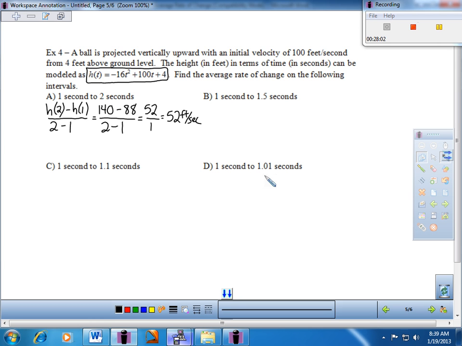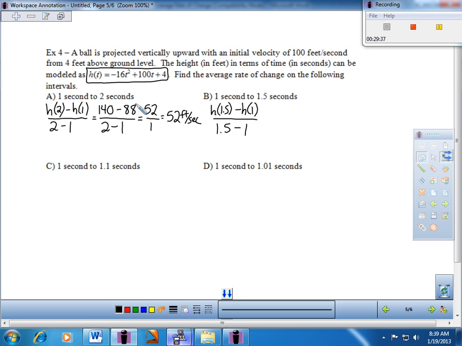Well, I'll do one more with you here, and then we'll start to put this together a little bit better. So here's what I'm thinking. 1 to 1.5. So everybody, with speed, give me that denominator. 1.5 minus 1. The only dilemma I see, of course, is top, not necessarily given, although we already found this piece out, didn't we? So we do know the height at 1 second.